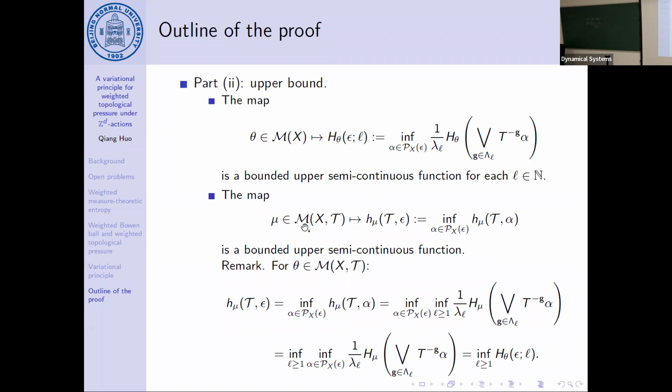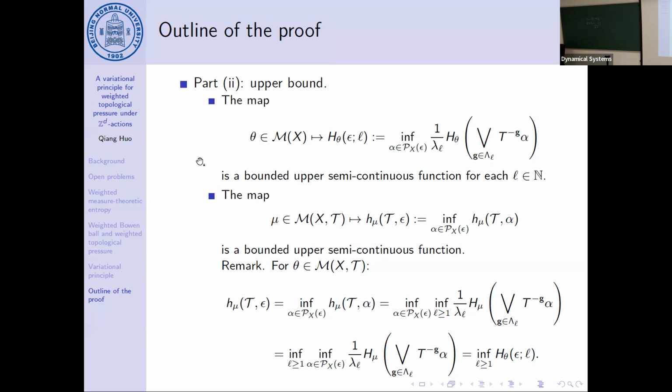And third, we also use the third entropy function. This map is for all invariant measures mu, and the map sends mu to this function. It is the infimum over all epsilon partitions of the measure-theoretic entropy of T with respect to the partition alpha. This is also upper semi-continuous.